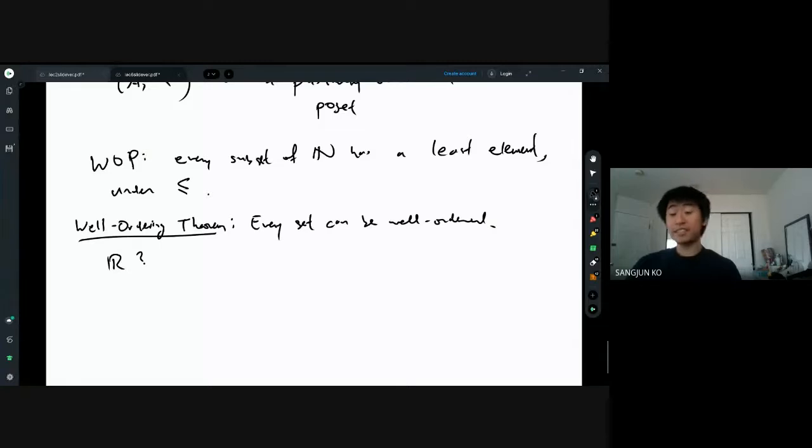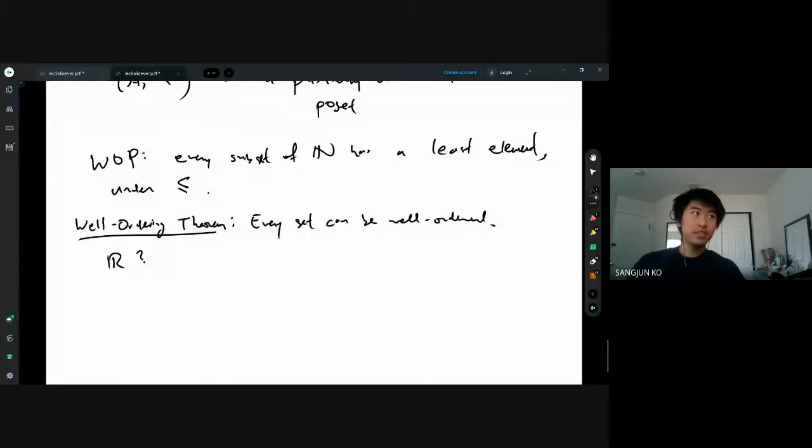And in fact, this is equivalent to the axiom of choice. The axiom of choice, and what does that say? It basically says that if you have a collection of sets, there is a choice function, which basically says that you can pick out an element from each set in the collection.